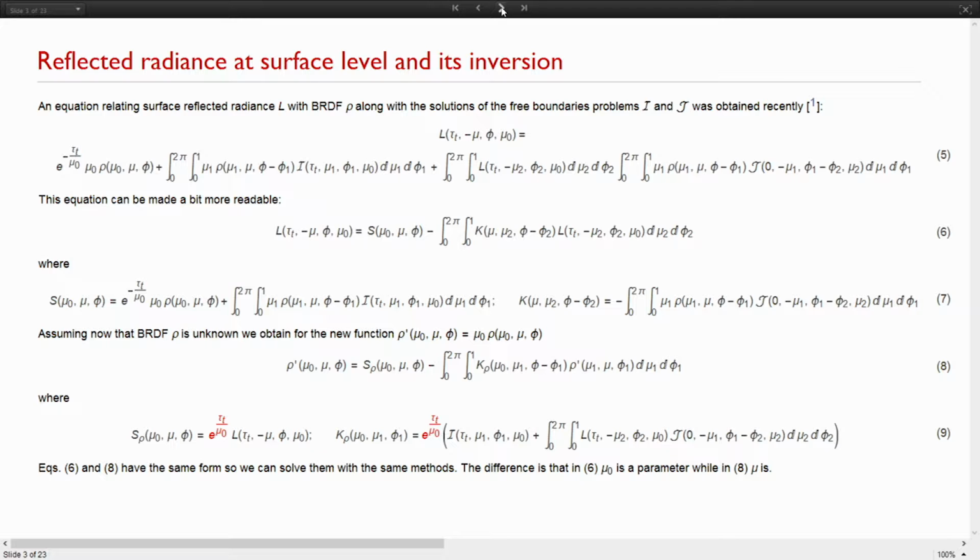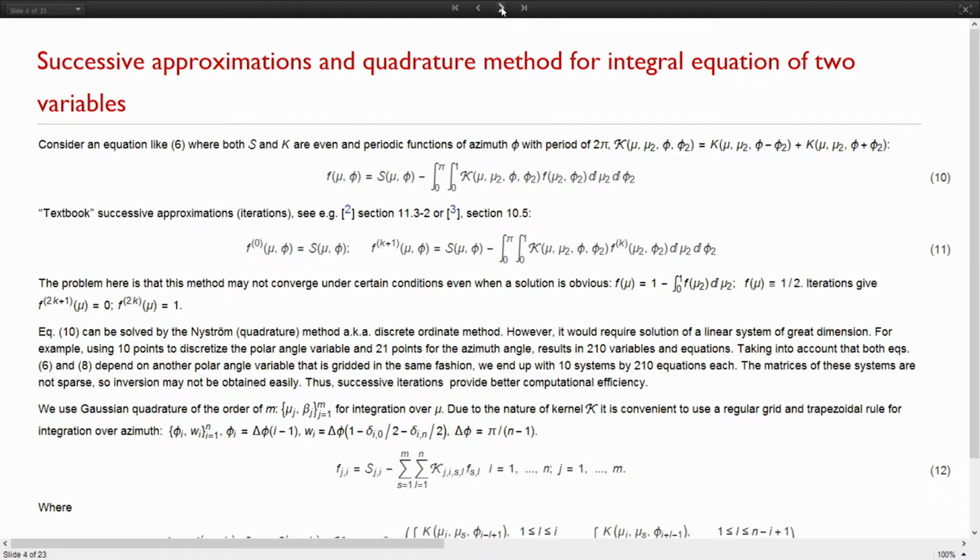But if we look at these two equations, 6 and 8, we can see that they have a similar form. So it makes sense to consider an equation of that form and try to solve it and at least develop methods of solving it. So let's consider equation 10.